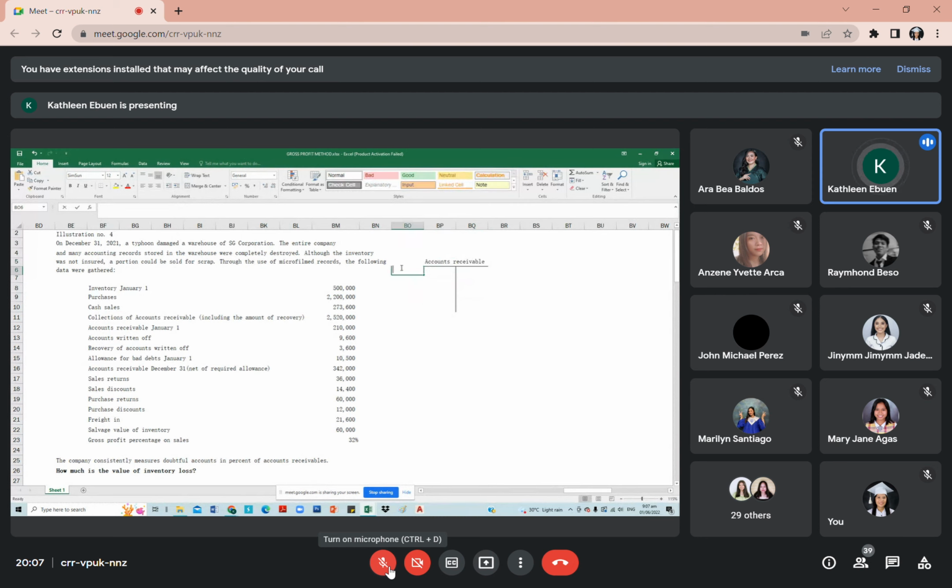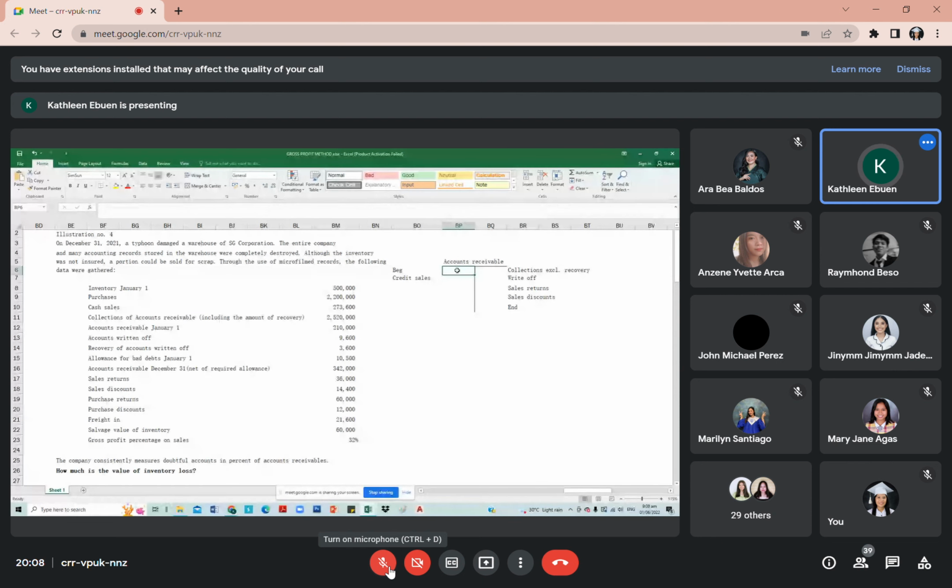We have the beginning, we have the credit sales, we have the collections, excluding recovery, we have the written off, write-off na lang. We have yung mga binabawas natin na sales returns, tsaka sales discounts. And we have the ending.